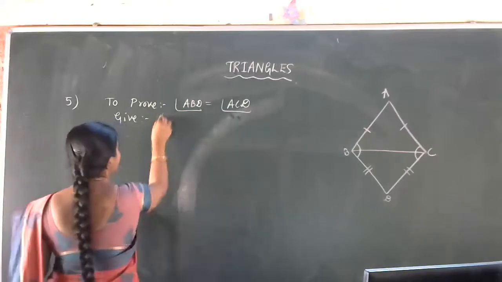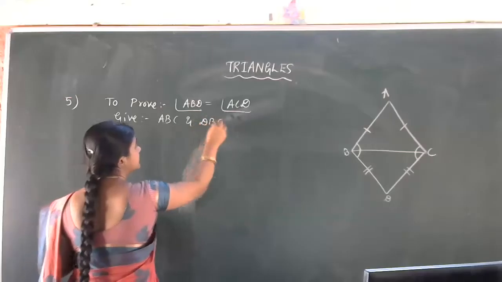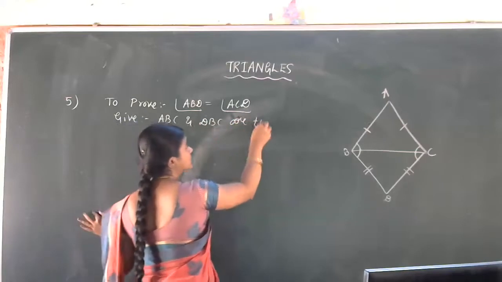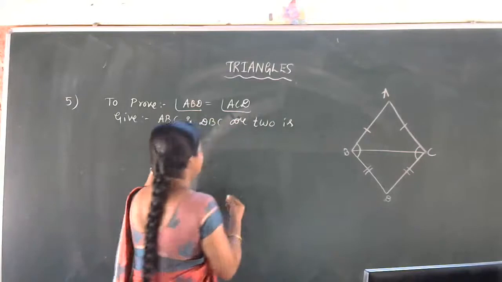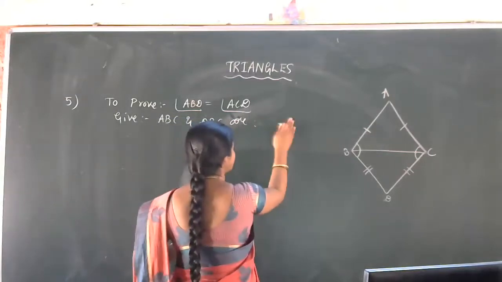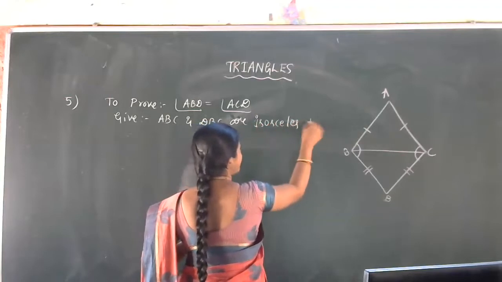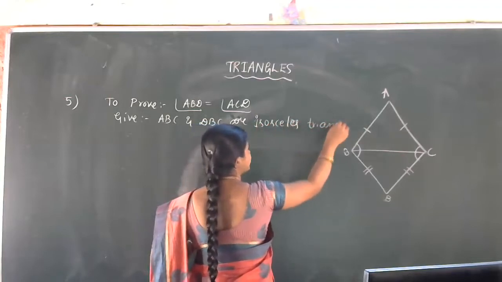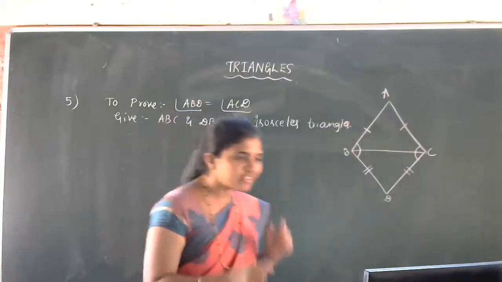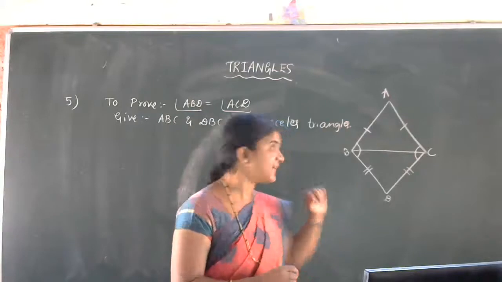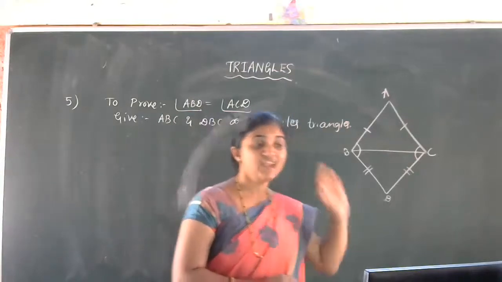Again the same property: two sides are equal, so the angles opposite to equal sides are equal. So angle DBC is equal to angle DCB. Call this equation number 2. The reason is the same: angles opposite to equal sides of an isosceles triangle are equal.